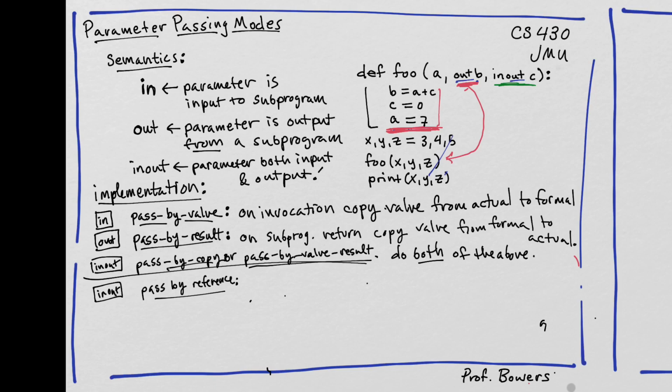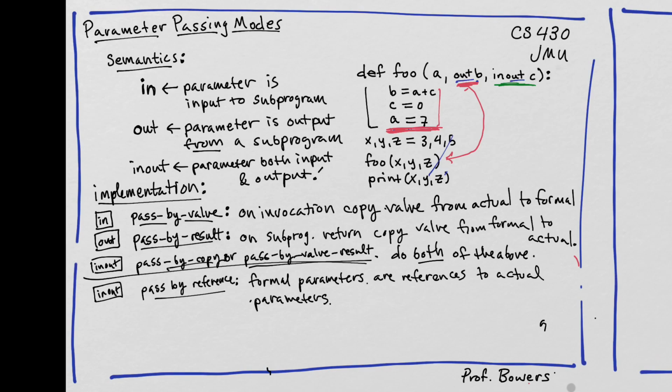We make C a reference to its actual parameter. So here, formal parameters are references to the actual parameters. And we'll see an example of this in a moment.